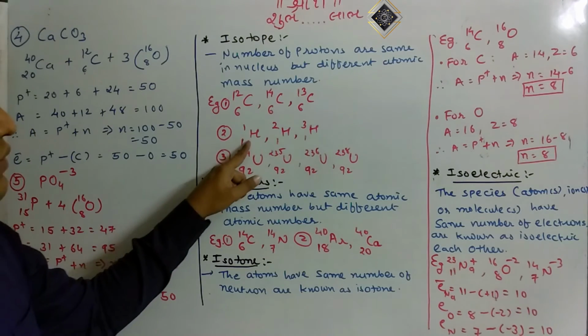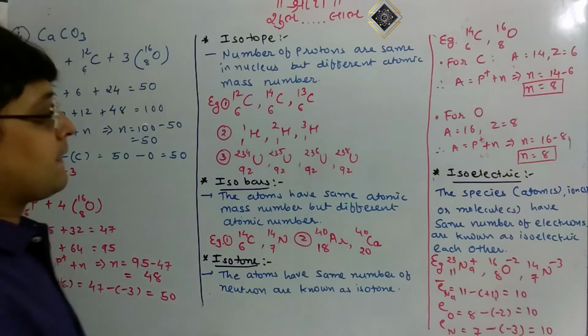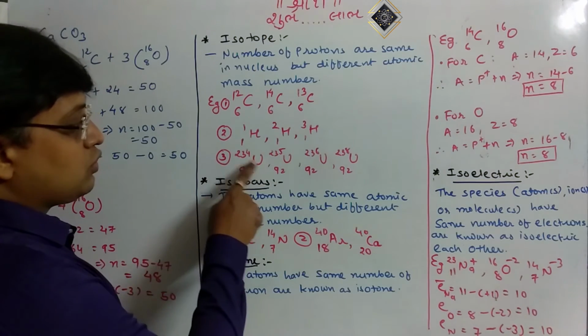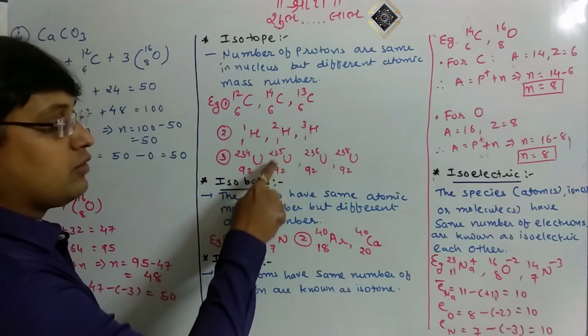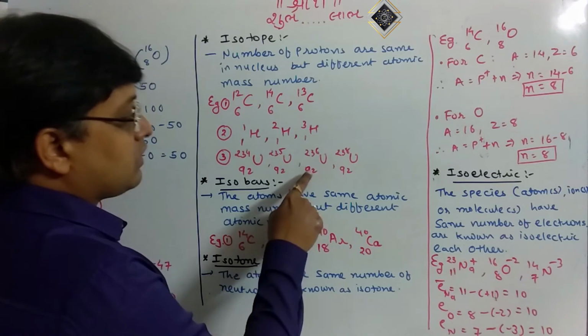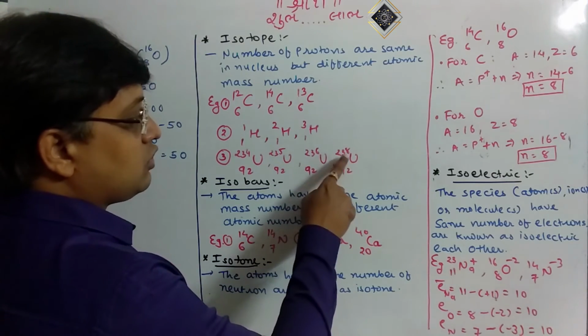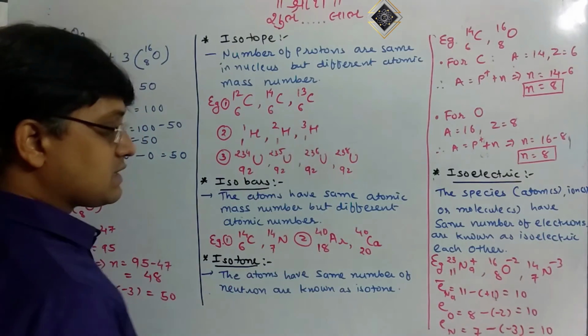The atomic number is 1, 1, 1 and mass number is 1, 2, 3 respectively. Uranium 92, 234; 92, uranium 235, which is very important for radioactivity, that means in a nuclear reactor; 92 uranium 236 and 92 uranium 238: same atomic number but different atomic mass number.